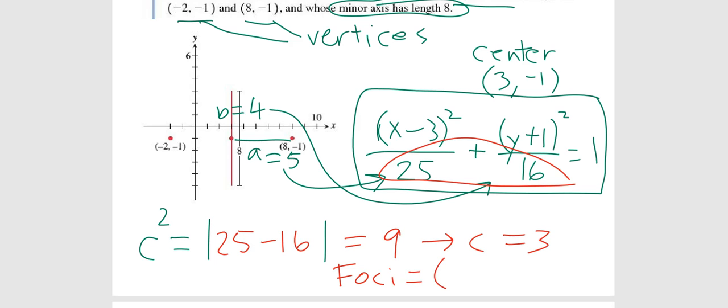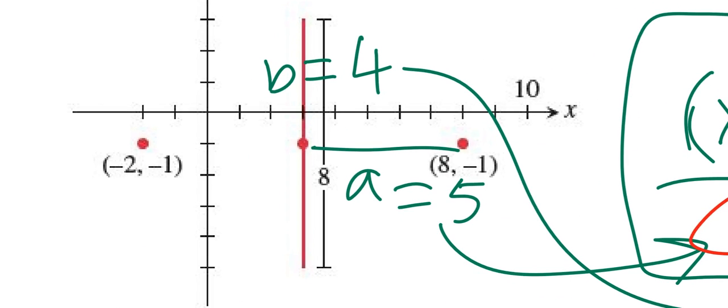Which way do I go? Left and right or up and down? Left and right, because we have to follow the major axis, don't we? That's why I don't want to get hung up on formulas when I need to understand what the picture looks like. There's one focus, and here's the other one. So, what are those coordinates? 0, negative 1 is one of them.